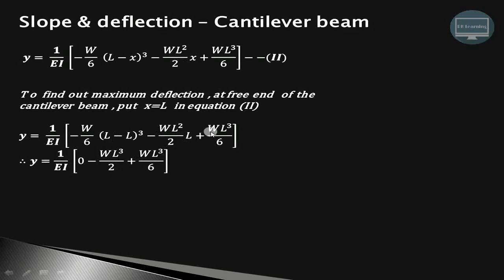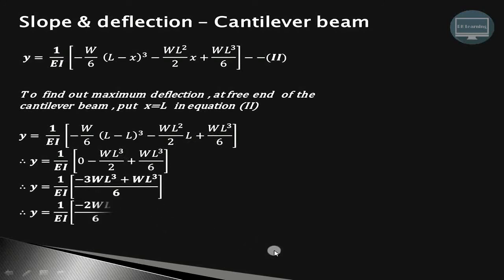So it is minus WL cube upon 2 plus WL cube by 6. Taking 6 as the LCM, so here it is minus 3WL cube plus WL cube divided by 6. So this is minus 2WL cube by 6, or we can say that the maximum deflection is minus WL cube divided by 3EI in case of the cantilever beam.